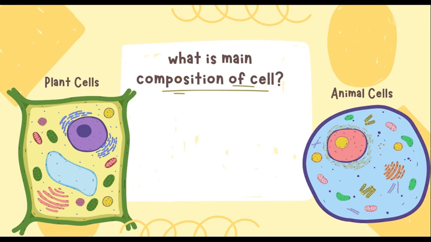From this picture, the first picture is a plant cell, and the second picture is an animal cell. Did you ever learn this in 8th grade? First is the plasma membrane. This is the plasma membrane, and this is the plasma membrane of the animal cell.